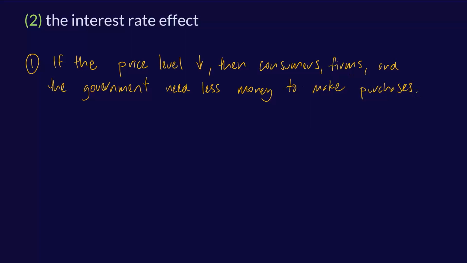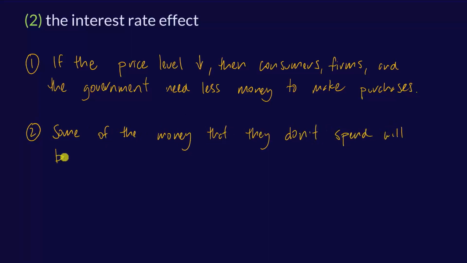Okay, so if the price level goes down, which is to say that the economy is experiencing deflation, the price level drops, then consumers, firms, and the government need less money to make their purchases. Okay, and some of the money that they don't spend will be moved into savings.